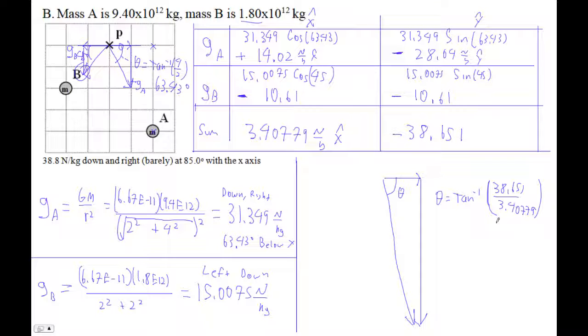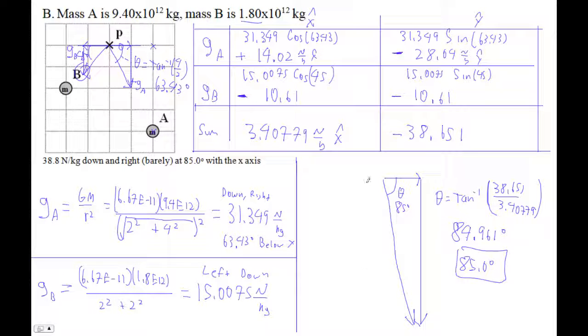That's 84.96. That'd be 85 degrees. 0.961 degrees. So I guess with 3 sig figs, you'd have to say 85.0 degrees is that angle right there.